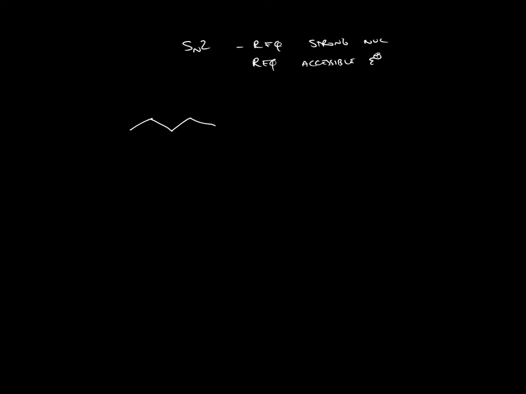With Sn2, if we have like a chlorine right here, and we add in something like sodium hydroxide, or an OH minus, what will happen is, as we've laid out already in class, that chlorine is a good leaving group. Therefore, this carbon right here, the carbon attached to it, is a good electrophile. And OH minus is a strong nucleophile.